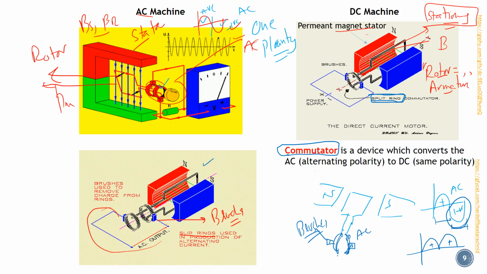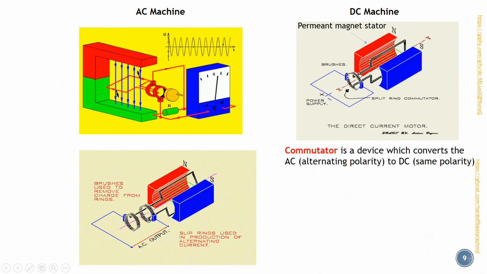These split rings are rotating, so their interaction with the brushes will be interchanged. If you are getting the positive supply at this loop, then for the negative cycle, the other half, it will come at this side, and the result is that we get the same polarity. So this device is called a commutator.